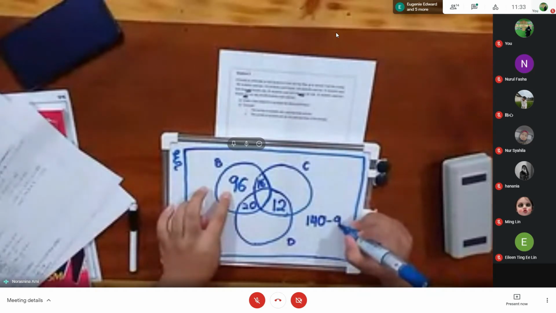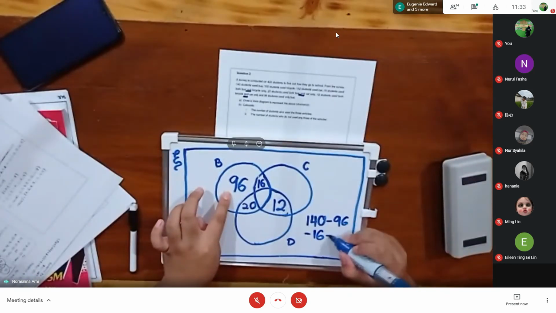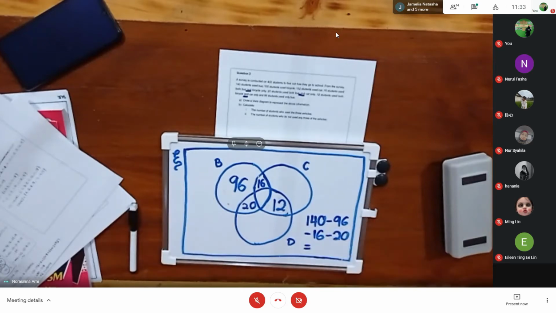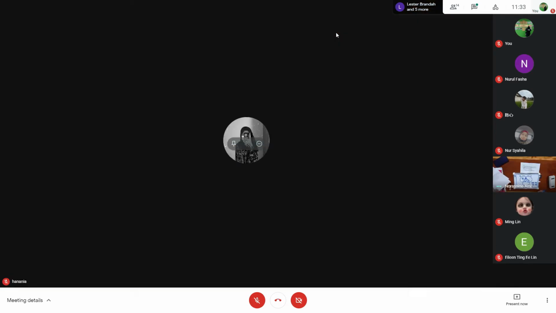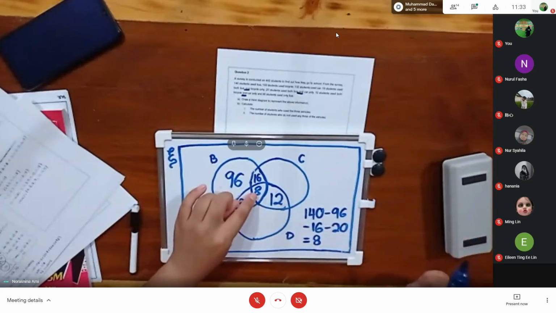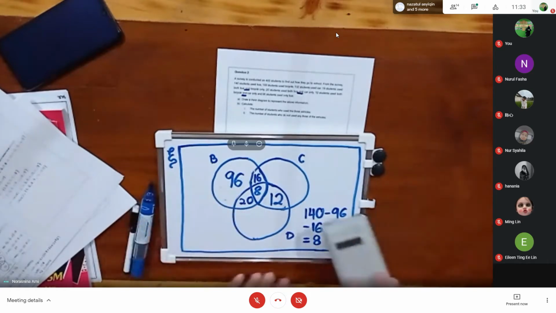So what is the answer? 8. So this part will be 8. There are a total of 8 students who use all 3 vehicles.